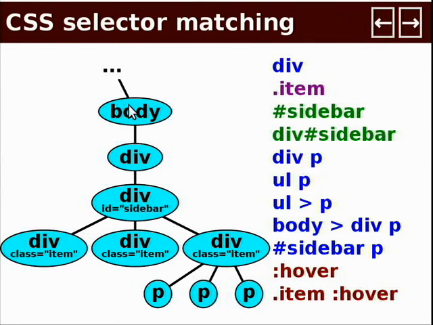So essentially, if a selector has an ID in that rightmost part, we'll stick it into a hash table for selectors that have an ID, by its ID. If it has a class, we'll stick it into a hash table for selectors that have a class, unless it was already in the hash table for those with an ID. If it has a tag name, we'll stick it in a hash table by tag name. And otherwise, we'll just stick it in the list of all the selectors that we couldn't classify.